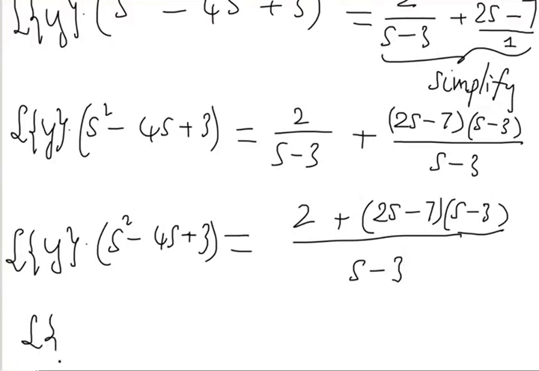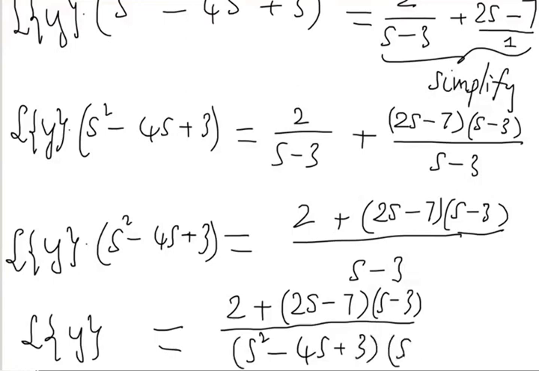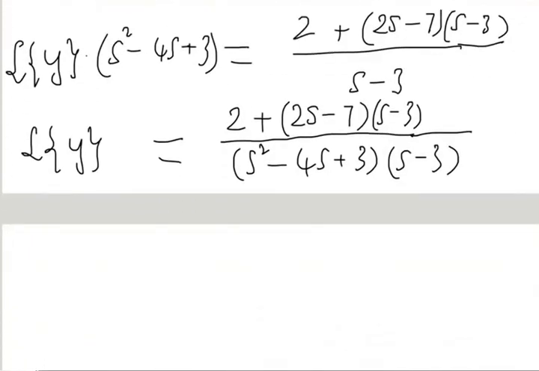Now we solve for the Laplace transform of y. And we have the numerator 2 plus 2s minus 7 times s minus 3, and we divide by s squared minus 4s plus 3 times s minus 3. Before, we need to use partial fractions to determine the inverse Laplace transform, which will give us y. But before doing that, we have to factor the denominator.